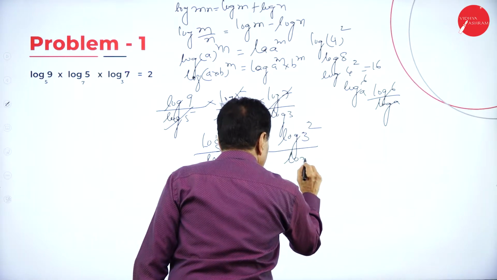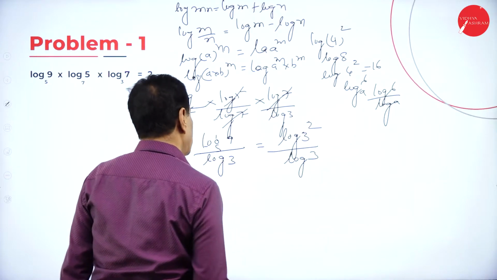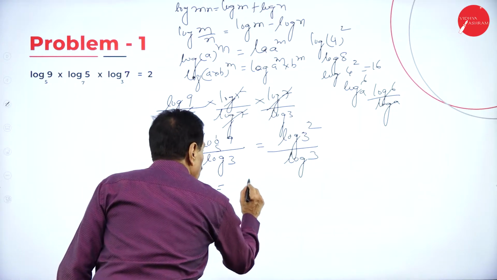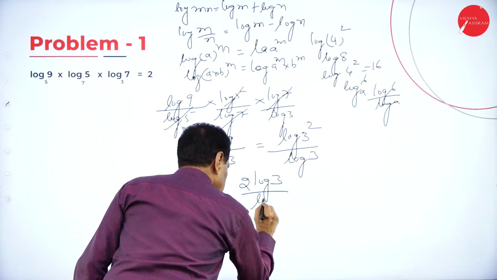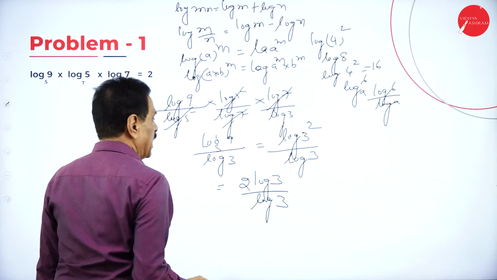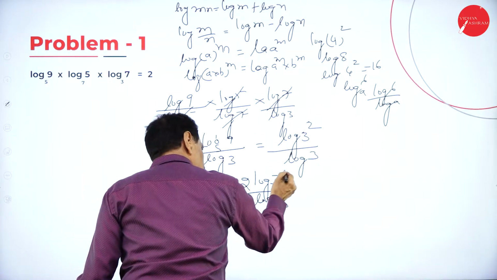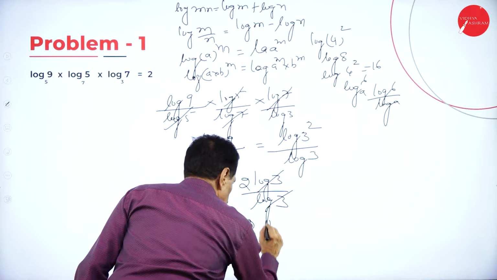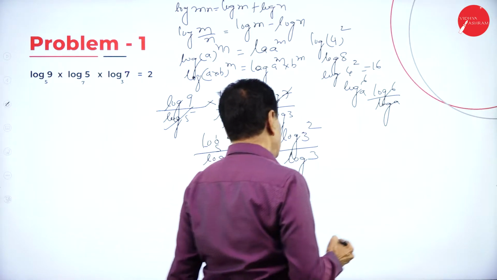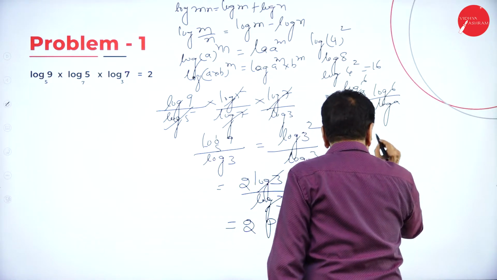Log 3 squared can be written as 2 log 3 divided by log 3. Cancel log 3, log 3. What is left out? 2.